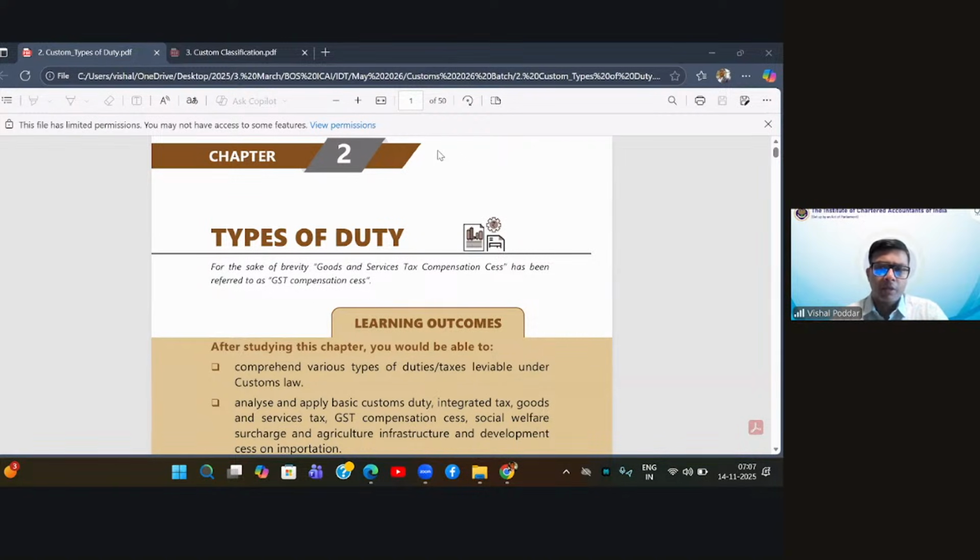How? We cannot always prohibit anything coming into or going out of India because of our WTO and GATT agreements.